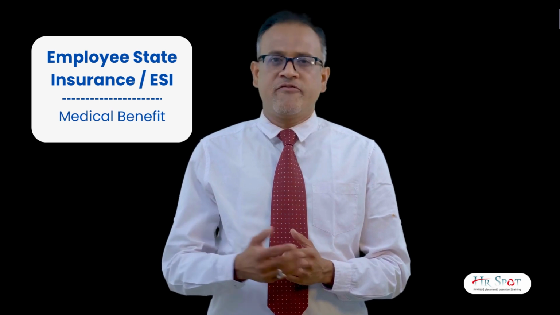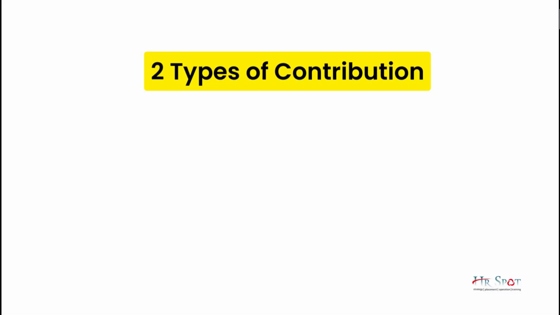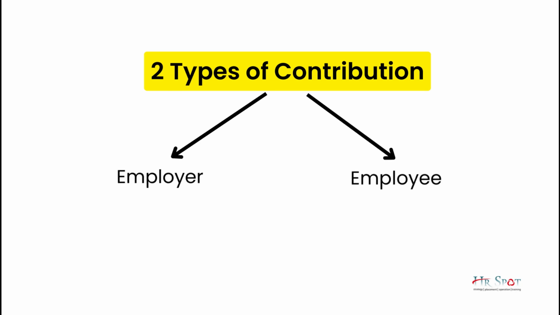Another statutory component that we need to include in our CTC structure is called ESI, or Employee State Insurance. This is another option offered by the Government of India for medical treatment benefits or medical insurance benefit. Now, how much is the amount? As in the PF, we have seen that there are two different types of contribution, employer part and employee part.